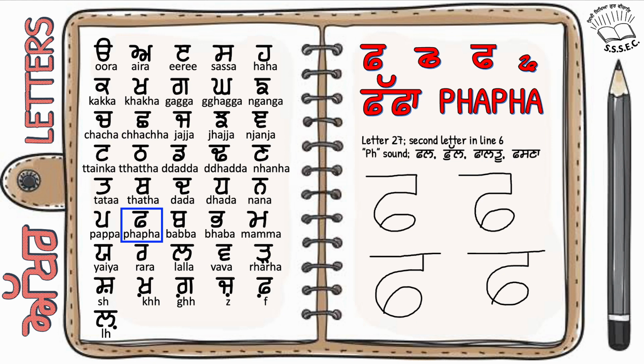Papa. Some words beginning with papa, and a lot of these, as I said, you can interchangeably use papa and fafa, and it will mean the same thing. So pal is fruit. You can also say fal with a bindi. Fal also means fruit. Pul is flower. Flowers.